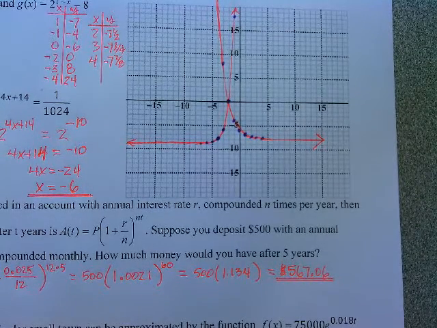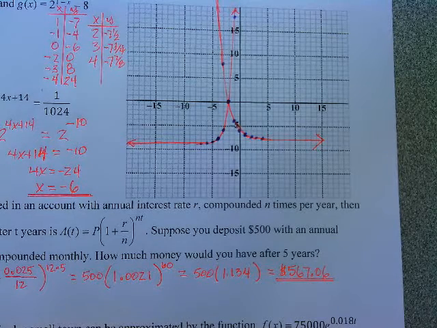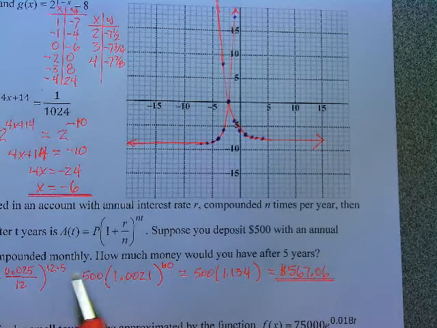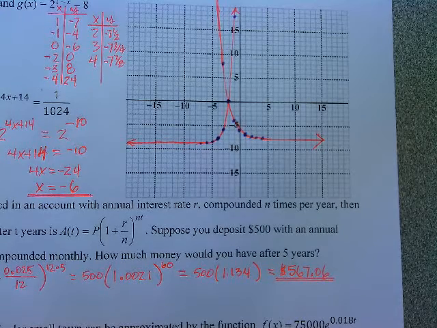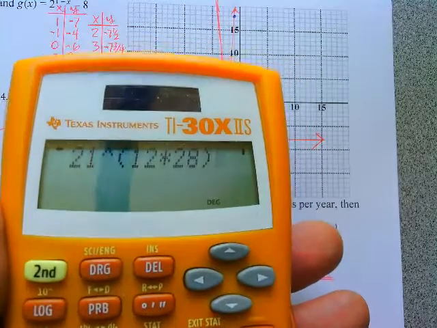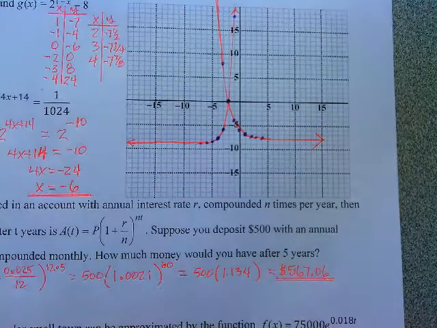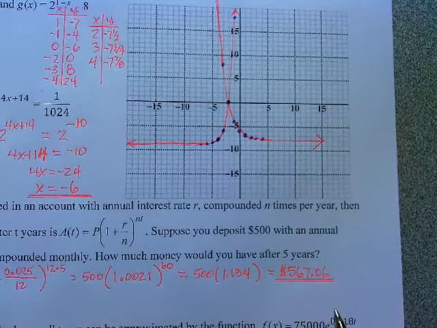And in fact, we can check that real quick. If I go 1.0021 to the, now this was for 5 years, so if I go 28 years, that would be 12 times 28, so it would look like that, and hit that, and I come out with 2.023, and so times my 500, I get 1,011.